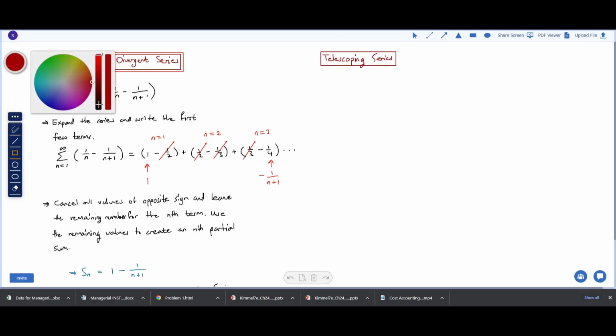Right, so if you noticed, with the series that we wrote over here, all of the intermediate values canceled out, except for the very first value and then the very last one, right?